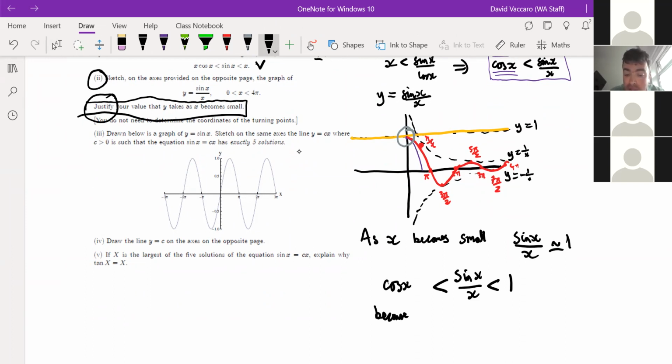Okay, because sine x over x is between cos x and 1, and cos x goes to 1.